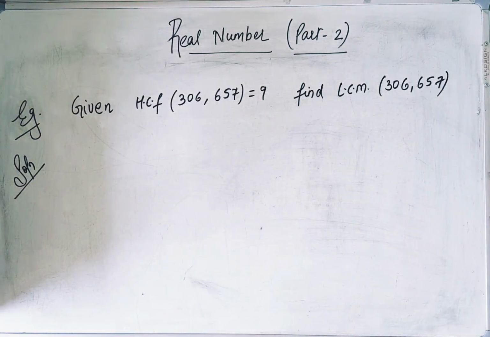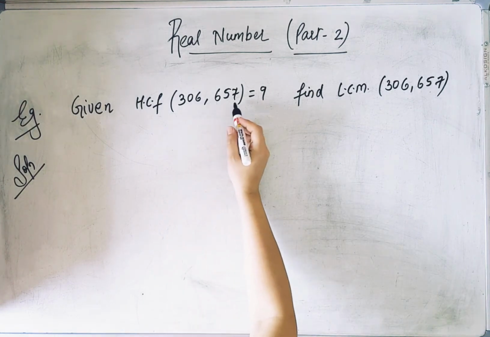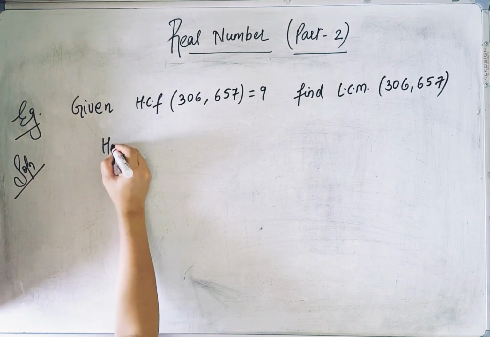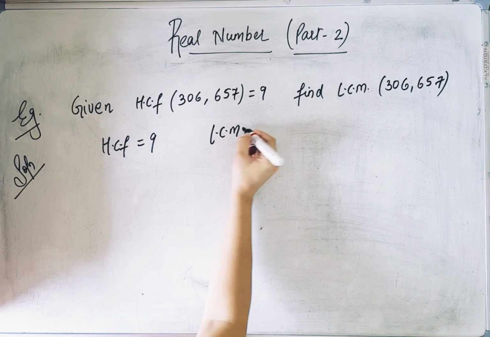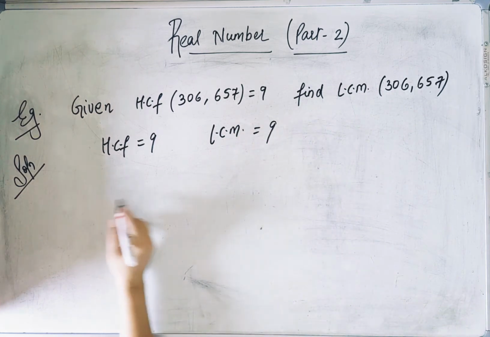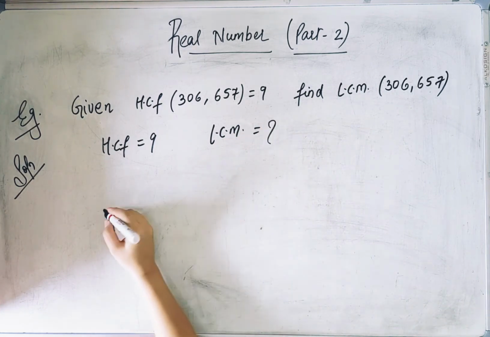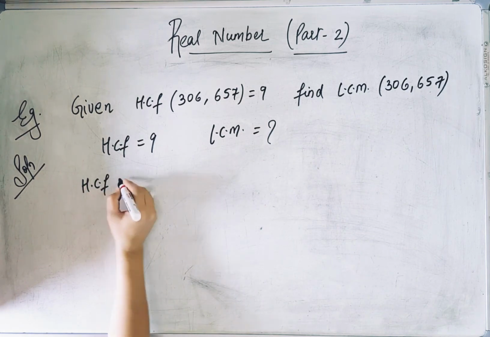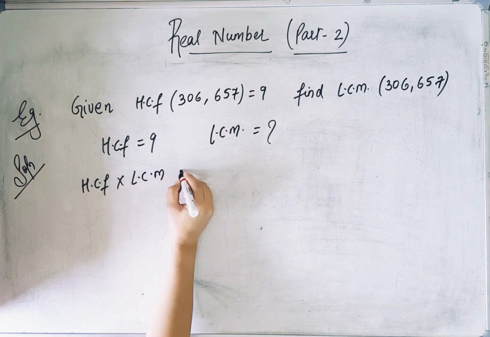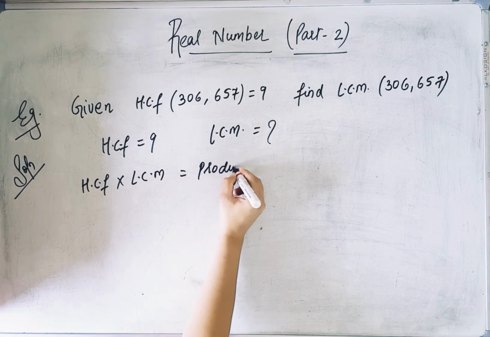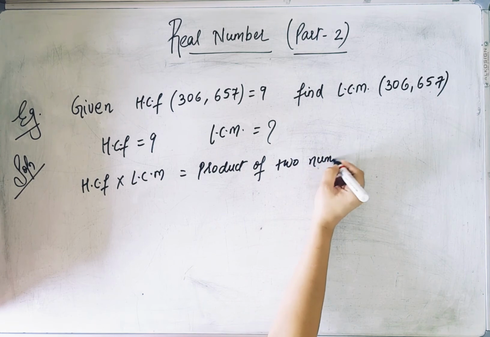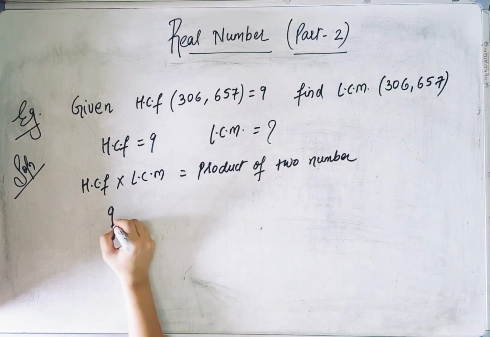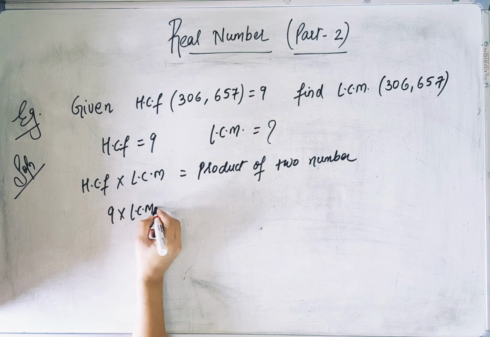See, now the question is, we are told the HCF of 306 and 657 is 9, and we have to find the LCM. So we can use the formula HCF into LCM equals the product of the two numbers. HCF here is 9 and LCM we don't know.